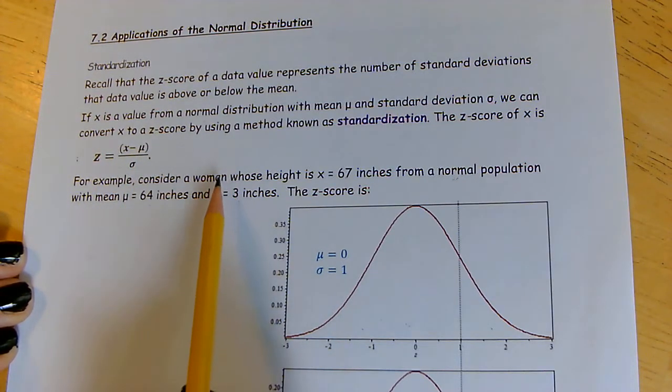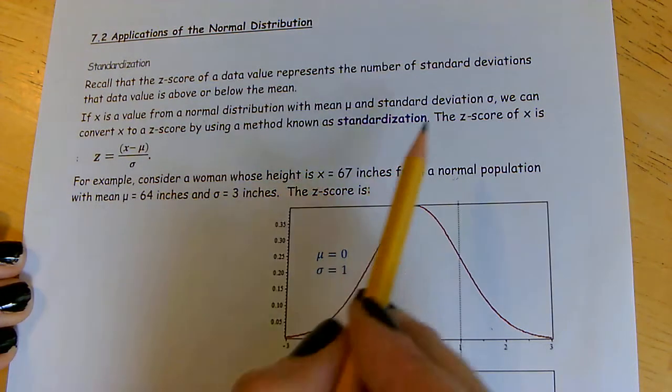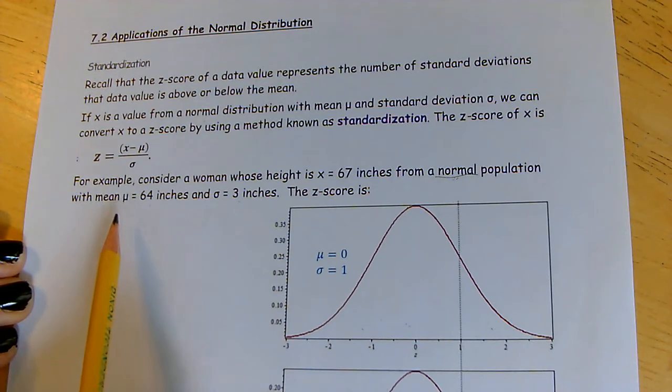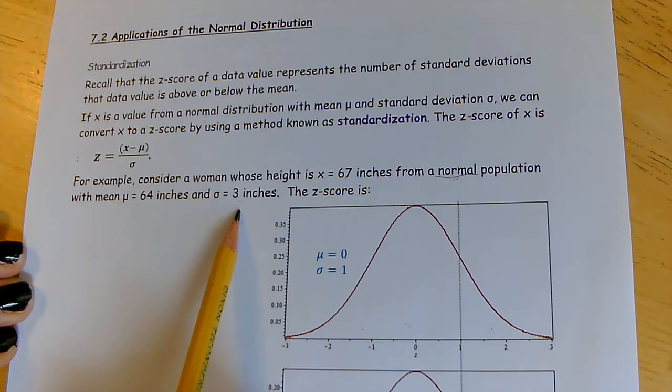For example, a woman whose height is 67 inches from a normal population. That population has a mean of 64 inches and a standard deviation of 3.